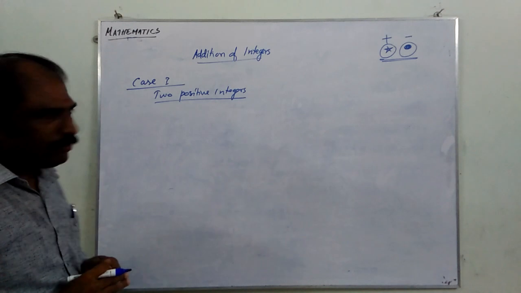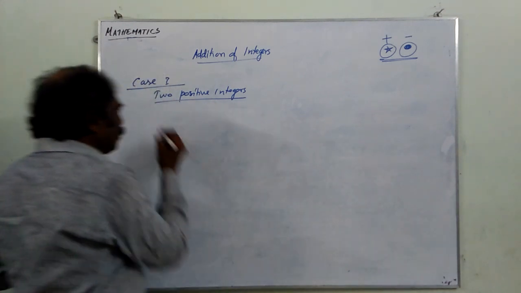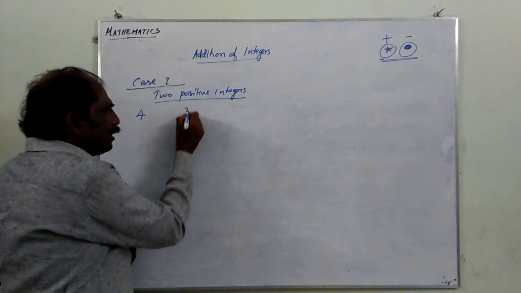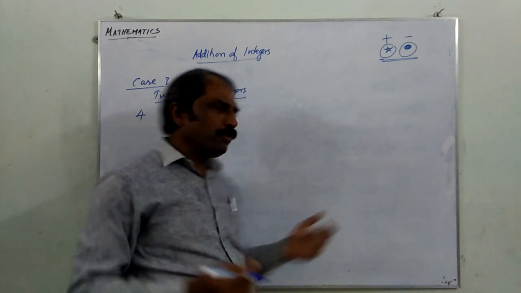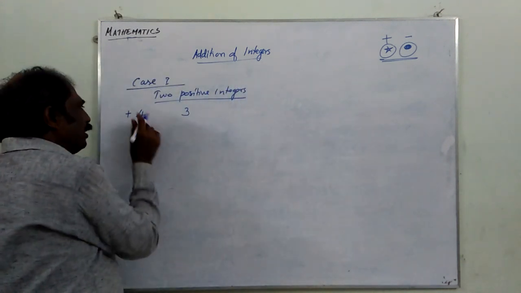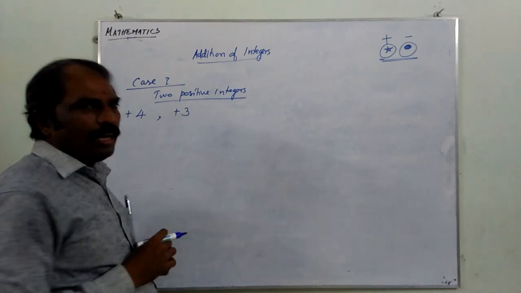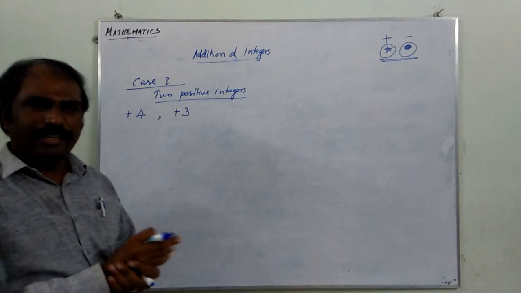Let us see case 1, two positive integers. Suppose here 4 is an integer, and another integer is 3. Both are positive. Normally positive integers are denoted without any sign, as you know very well.